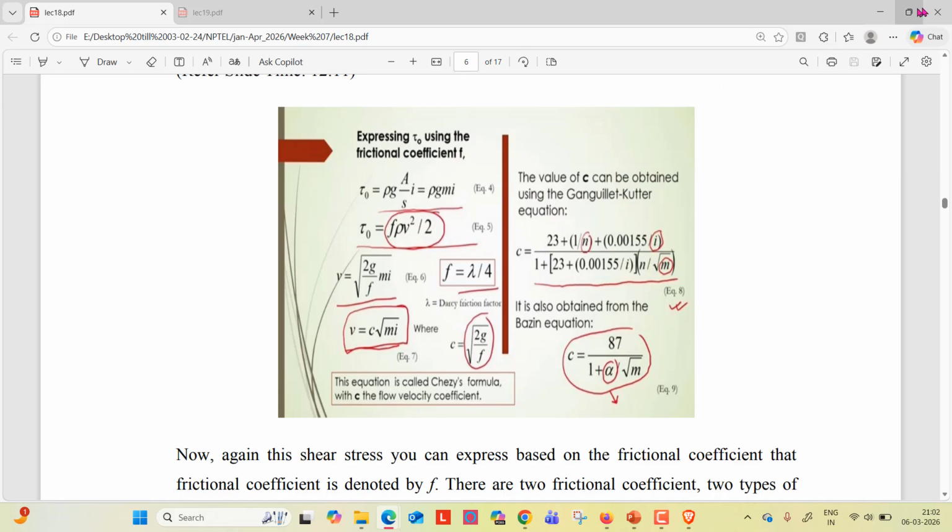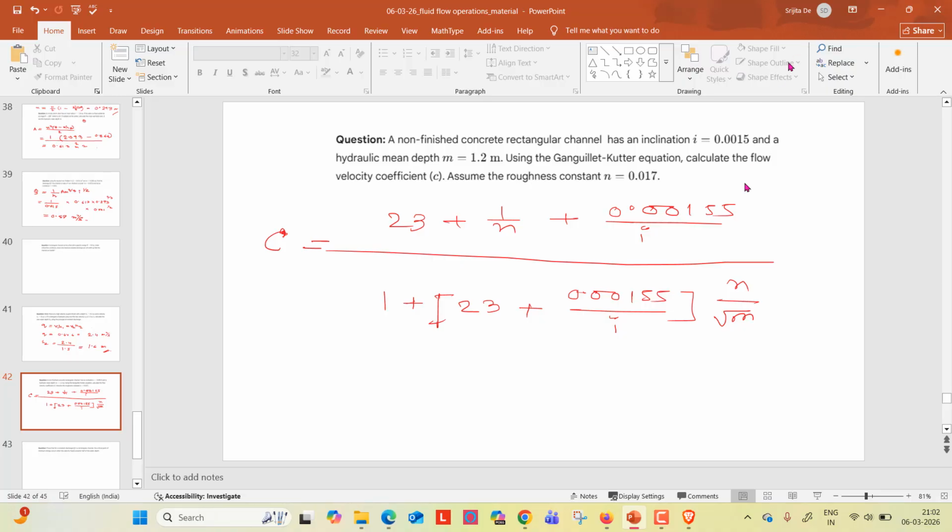So now putting all the values that are given. So I'm not writing again the values, just calculate it. So it is, I is this.